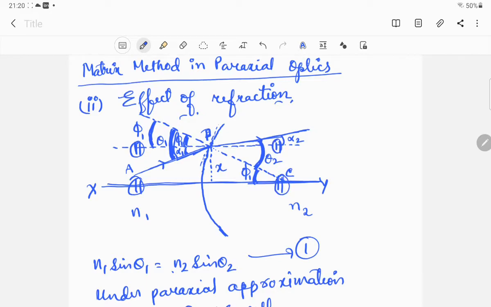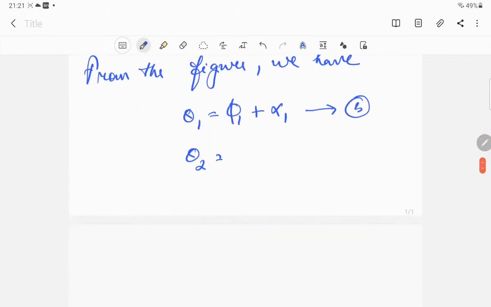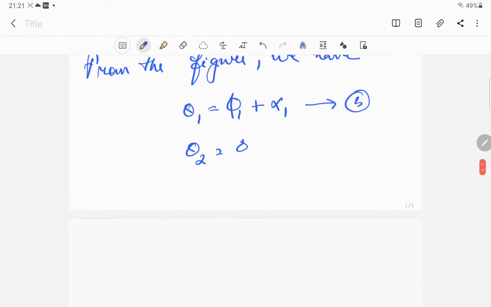So can we write this angle and this angle to be equal? So this angle is also equal to phi 1 because they are alternate angles. So this whole angle theta 2 is nothing but phi 1 plus alpha 2. From this diagram you can see that. So theta 2 is equal to phi 1 plus alpha 2. That will be equation number 4.